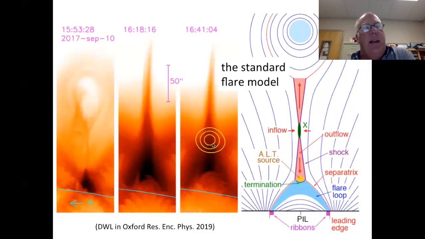It's a coronal mass ejection. The leftmost image gives you a nice picture of that flux rope leaving the sun, and the next two show the structure that looks so much like the standard flare model cartoon.